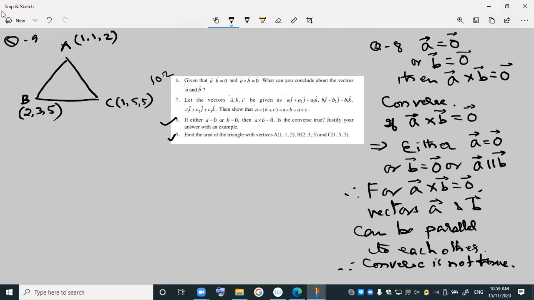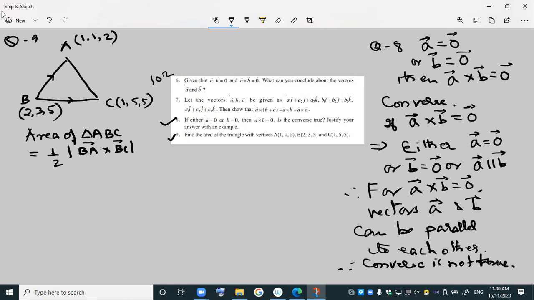As I told you, take two co-initial vectors. You can take BA, BC, AC, AB. So BA vector and BC vector. Half of the magnitude of the cross product. So the area of this triangle ABC will be equal to 1/2 magnitude of BA cross BC.